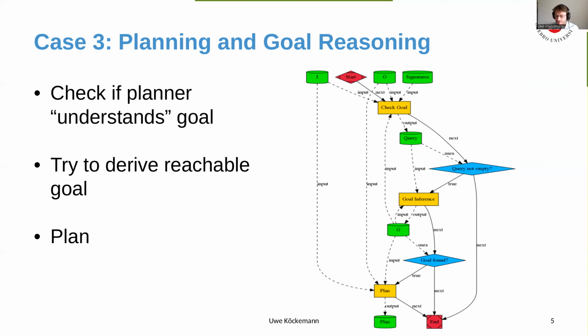An example is, for instance, if let's say our goal is to go to the kitchen, but our planner only understands locations A, B, and C, then this goal inference step could, for instance, use a knowledge base that knows that location B is a kitchen, and therefore change the goal to the robot should be at location B. And then if everything goes well, finally we plan to create a plan, and then we stop.